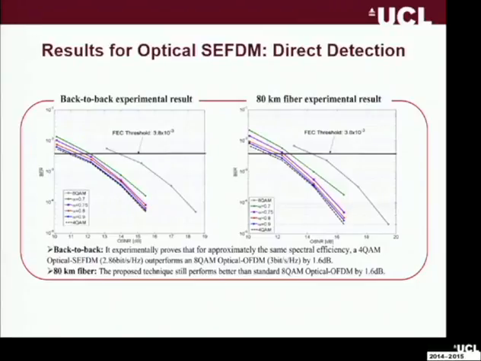Back to back, where you get rid of the fiber and just connect the optical transmitter and receiver together, and then one with an 80-kilometer fiber between. This is the 8 QAM result for OFDM. And you can see that in both cases, SEFDM with alpha equals 0.7 outperforms 8 QAM in terms of achieving the same bit error rate at low SNR.